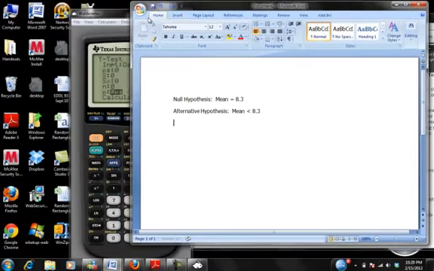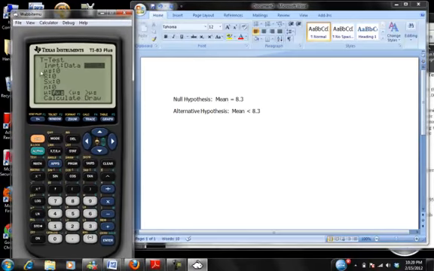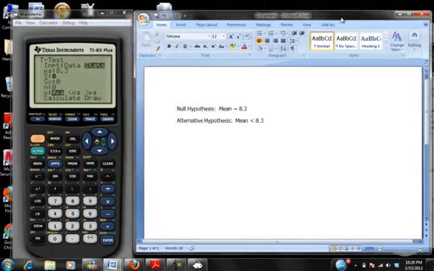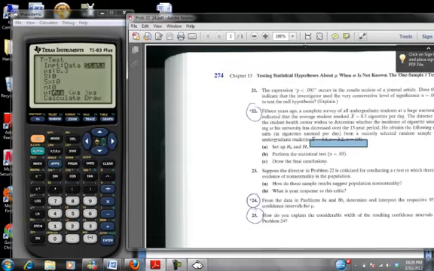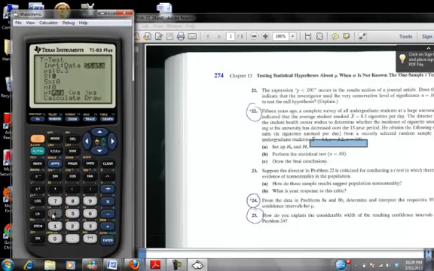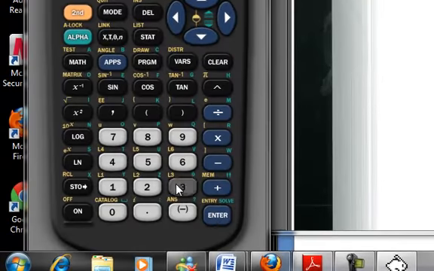Now in my calculator, where it asks for the number in my null hypothesis, I'm going to put in 8.3. This is asking me for the sample mean. If I go back to problem number 22, the sample mean is 4.6, so I'm going to put in 4.6. Now it's asking me for the standard deviation, which is 3.2.